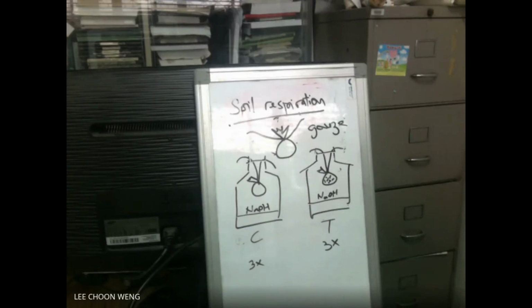So what happens next? We do 3 times, triplicates, because there's a lot of deviation, variability. Sometimes the standard deviation that you get from these results tends to be high.